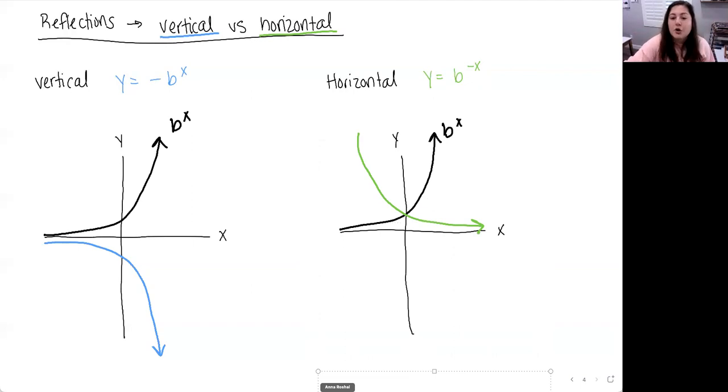So with that in mind, the reason why my entire function is negative here is because I need it to be a vertical reflection. My negative will not be on my x. However, horizontally, when I translate, when I reflect, when I do anything along my x-axis, here my x becomes negative.